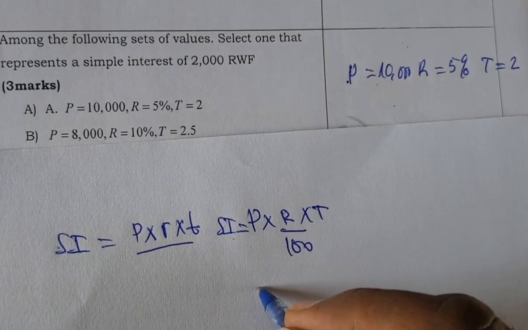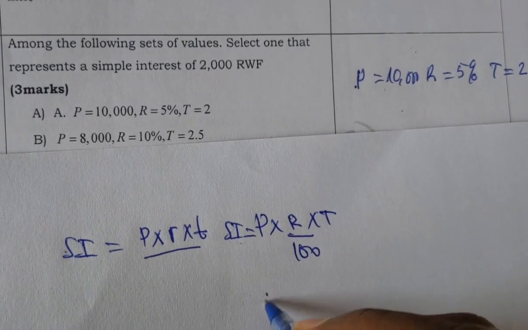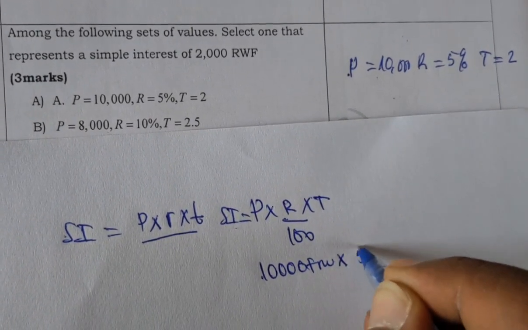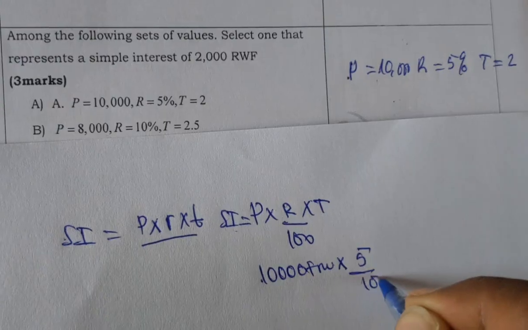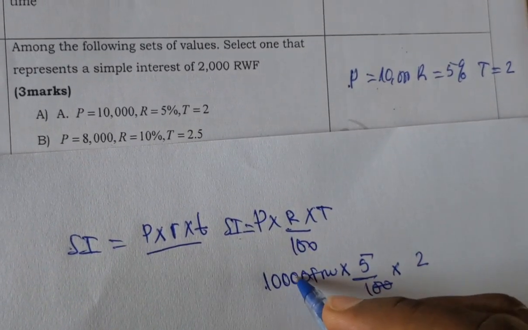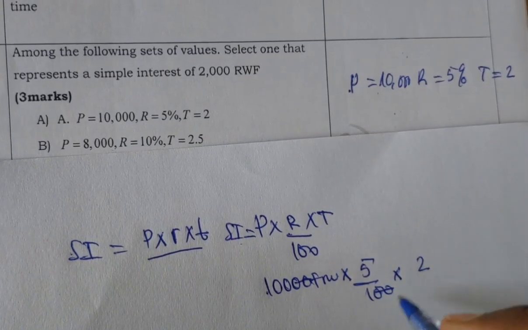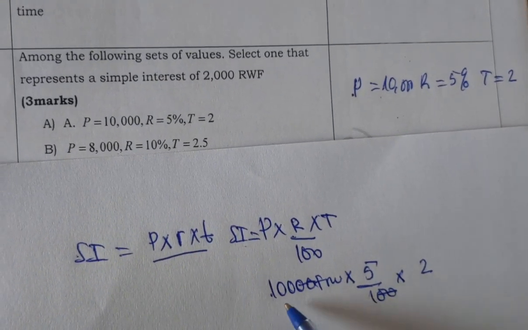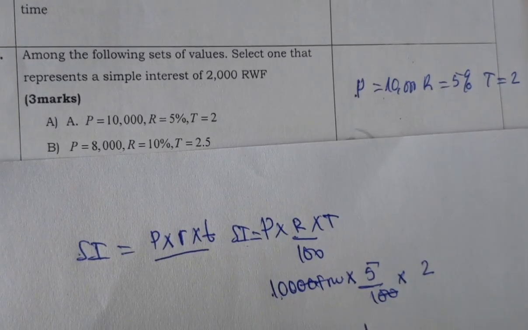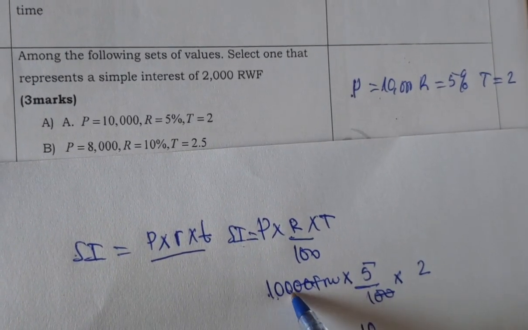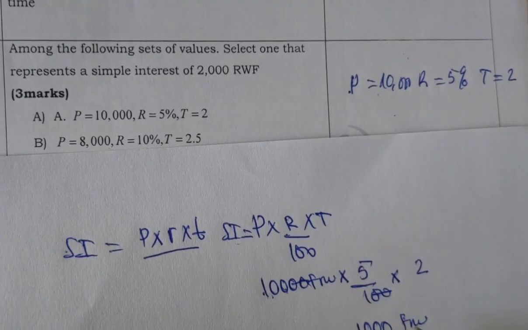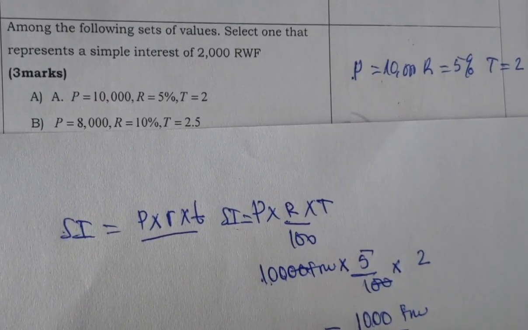Then here principal is equal to 10,000 Rwandan francs times rate 5, over 100, times time. Time is 2. Here this 0 will cancel this. Here will become 10, and then 100 times 10 is equal to 1,000. Here is 100, then 1,000 Rwandan francs. To mean A is not a correct choice.